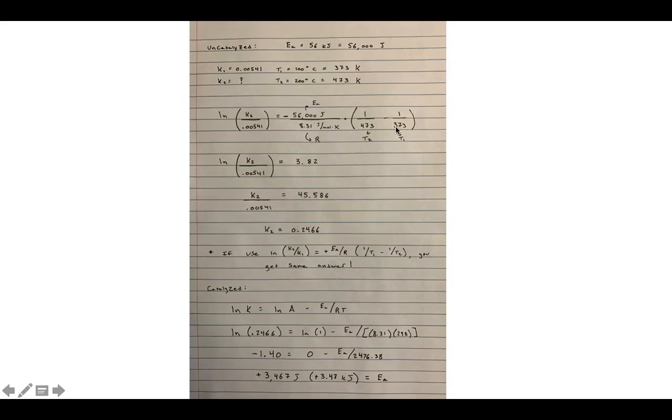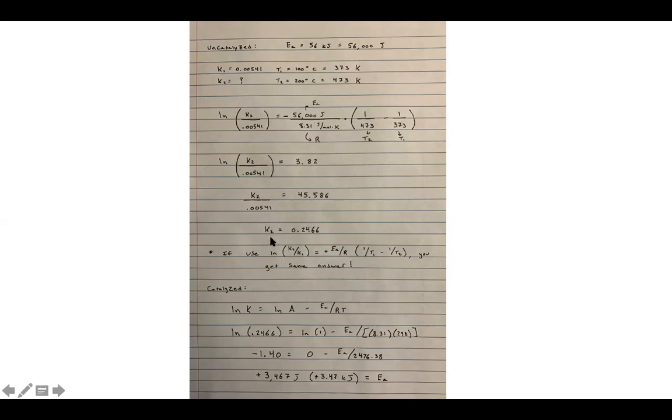No matter which equation you use, you're going to get the same answer, right? It really has to do with this negative sign or the positive sign. That's why it's slightly different. But again, if you plug in these numbers, you should get the same exact answer. And I checked that.